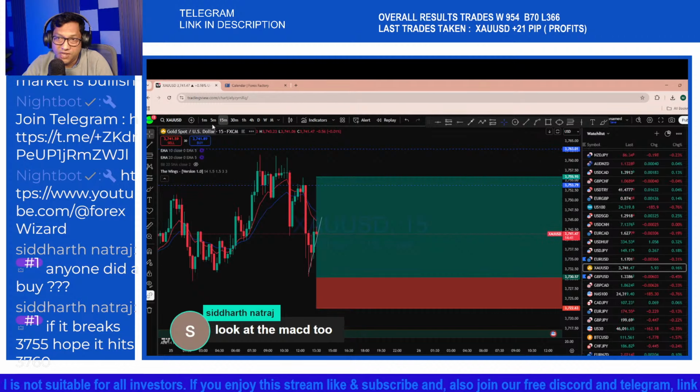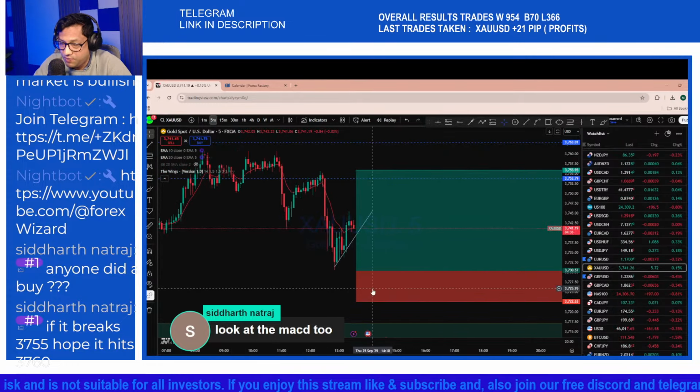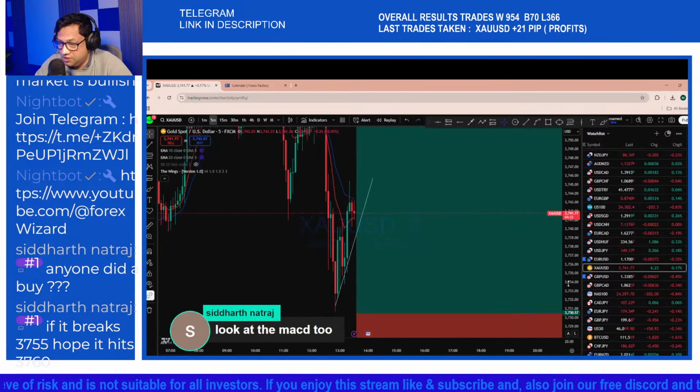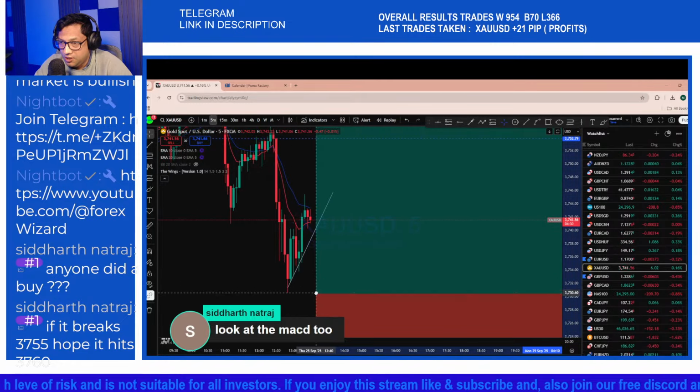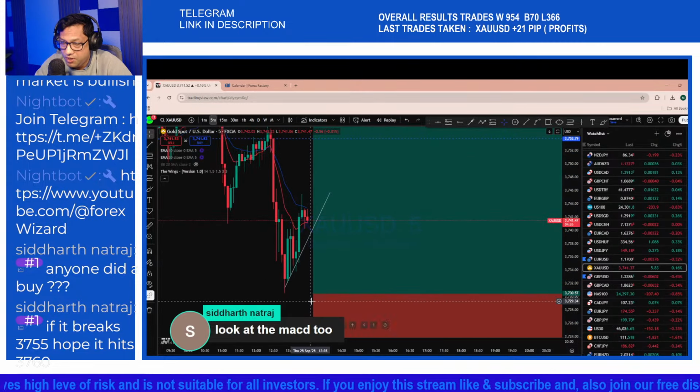Would like to see the price breaking that low so that it can gain enough momentum here for this potential upside bias in this market. Here is the level that you can see the price potentially come back below to this support level.